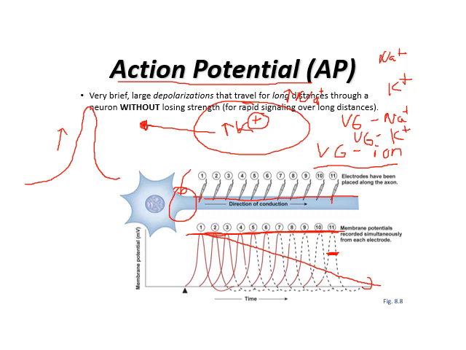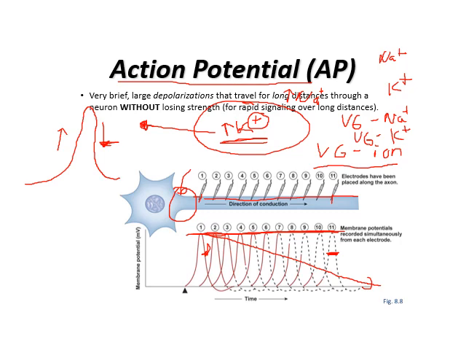So which of these is going more negative, the depolarization or the repolarization? We can already associate this part of our action potential, this change in membrane potential, with our potassium channels.